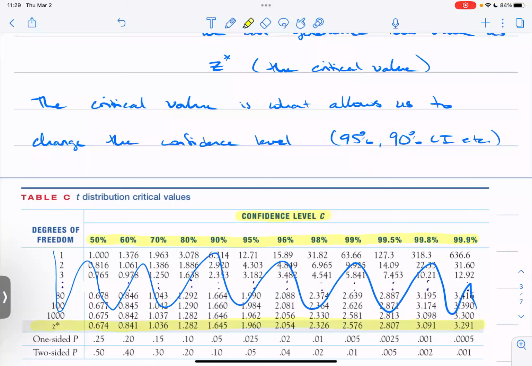Yeah. So this midsection is for the T distribution, which is for means. So once we start talking about numerical data, we're going to have degrees of freedom, but everything else behaves the same, right? It's just the line that we use changes. So it's a nice transition.